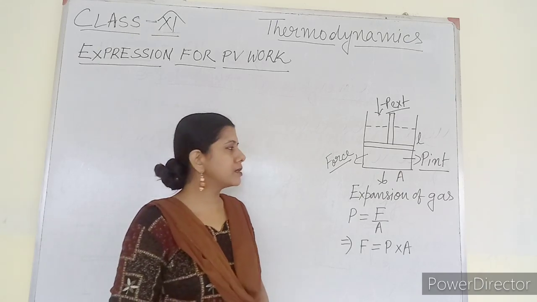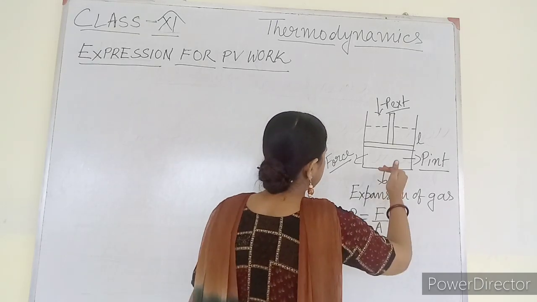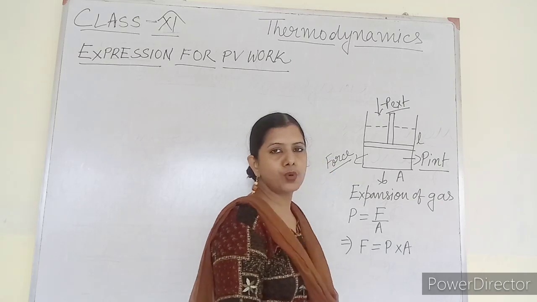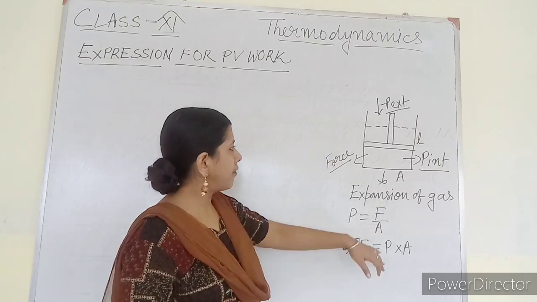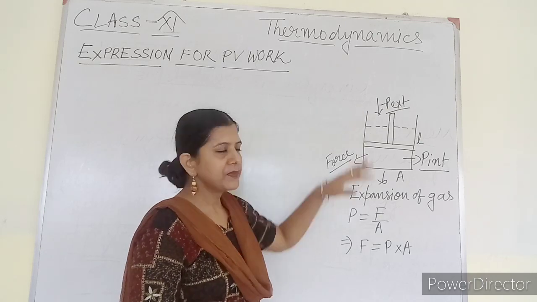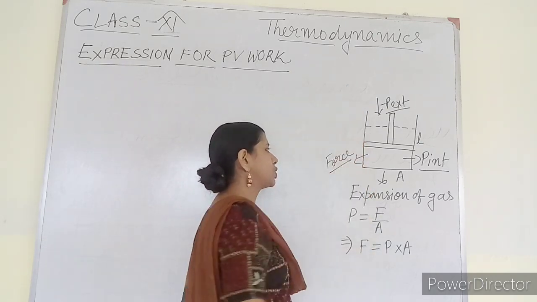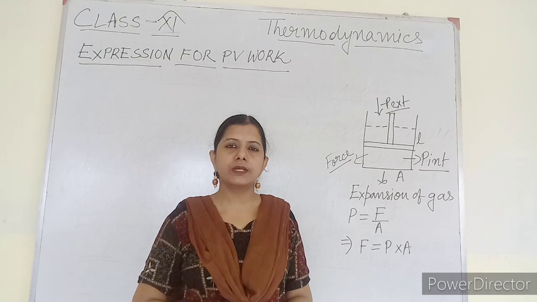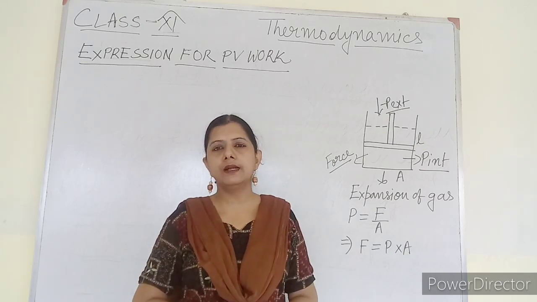So when expansion is occurring, that means the piston is moving in the upward direction. After some time, the piston came up to this point. At this position, there is an equilibrium between the outside pressure and the internal pressure.